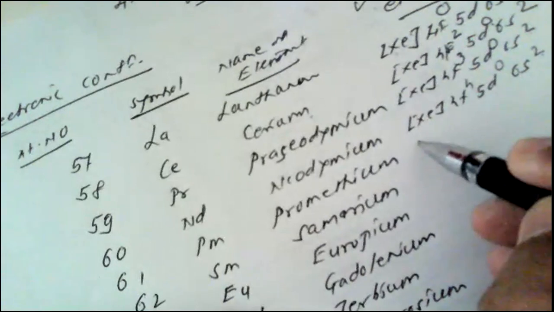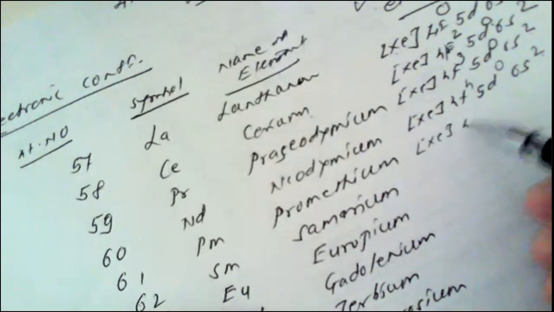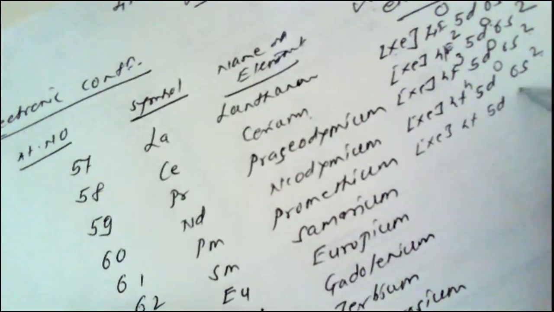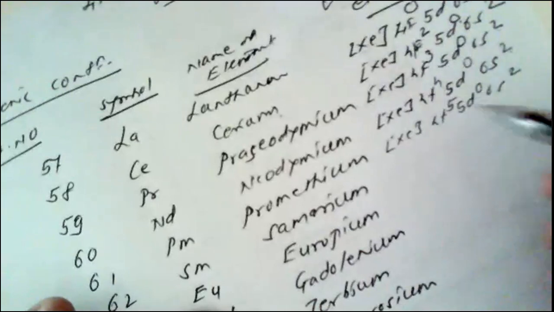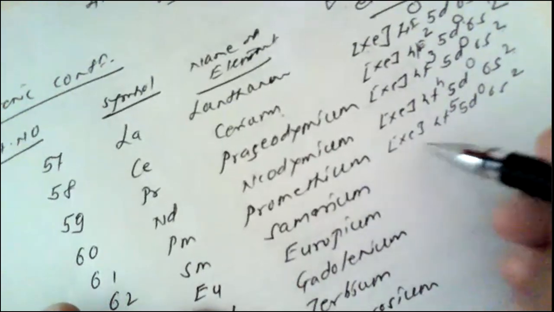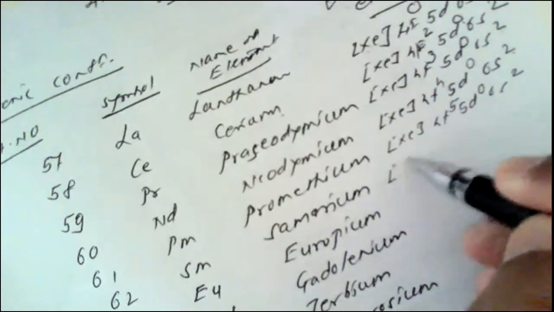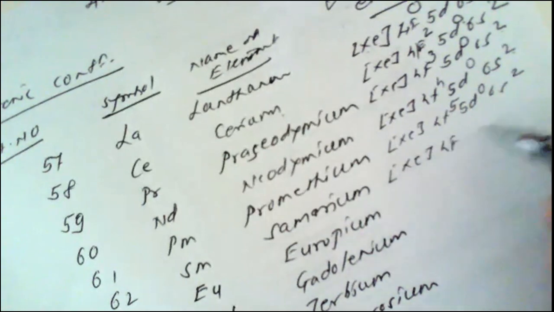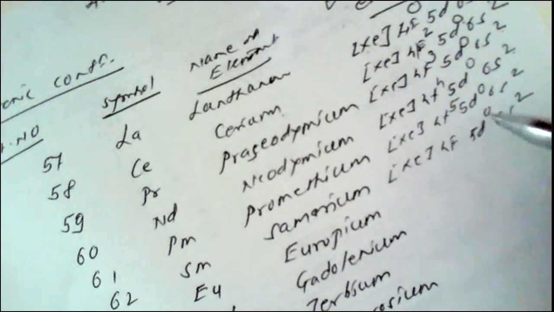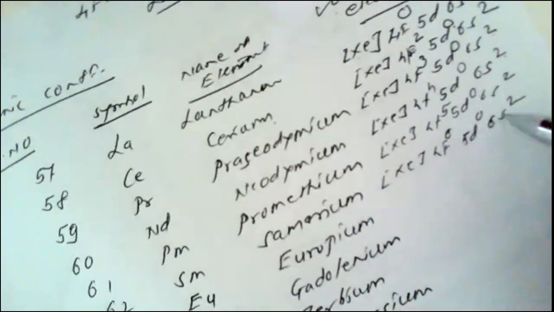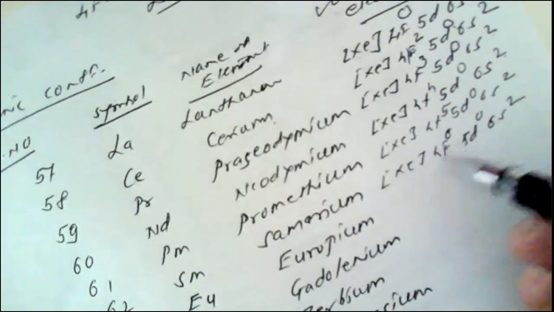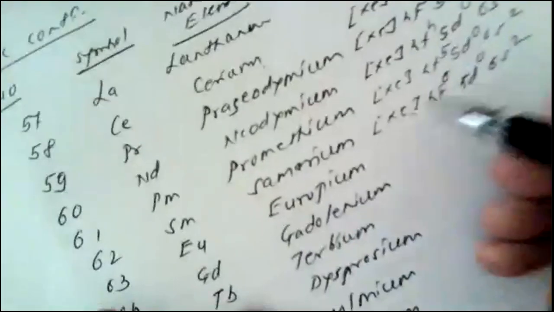Then on similar grounds, for promethium we write 6s2, 5d0 and 4f5. So 56 plus 5 is 61. Then come to samarium: xenon, 6s2, 5d0, 4f6. So 56 plus 6 is 62, samarium.